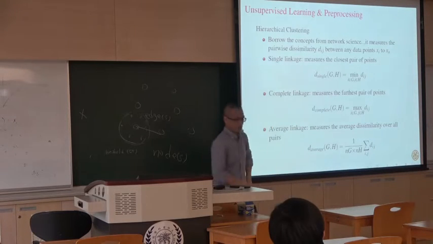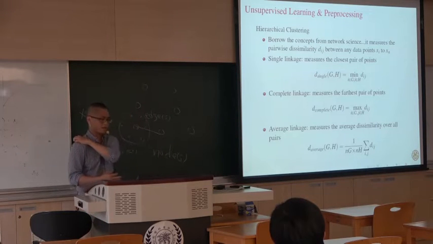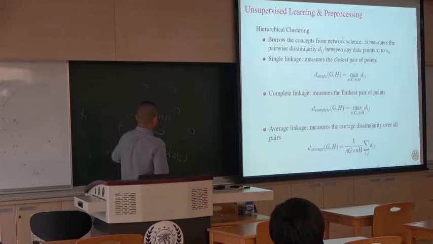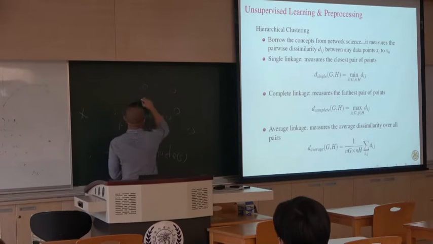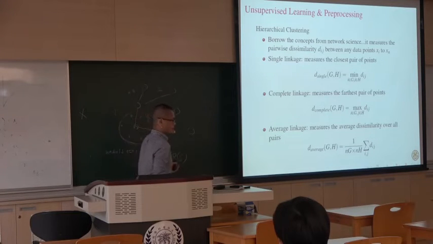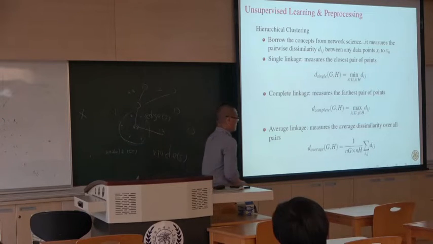Then there is average linkage, the measure of the average dissimilarity over all pairs. So you can say this point to this point has a distance of 1, this point to this point is 1.5, and this point is 2. We take the average of these pairwise distances to calculate the average dissimilarity.